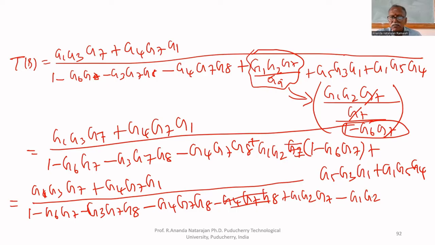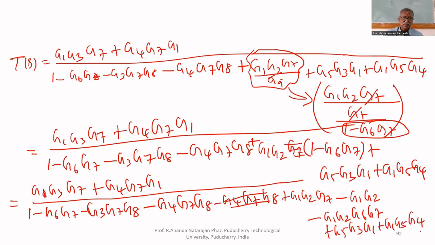G1, G2 minus G1, G2, G7 is cancelled. That's why this G7 will not come. G1, G2 minus G1, G2, G6, G7 plus G5, G3, G1 plus G1, G5, G4.